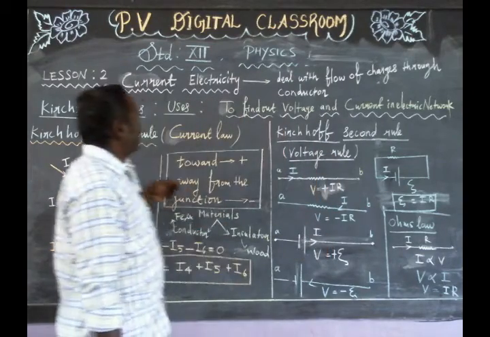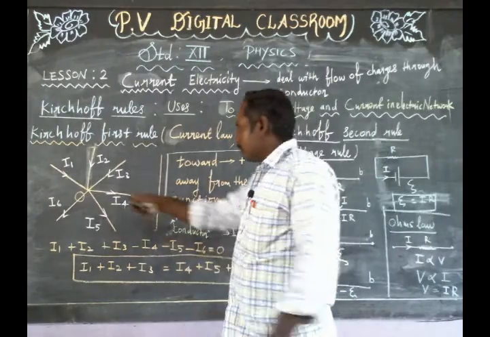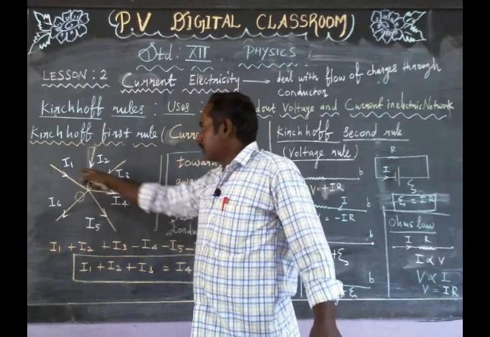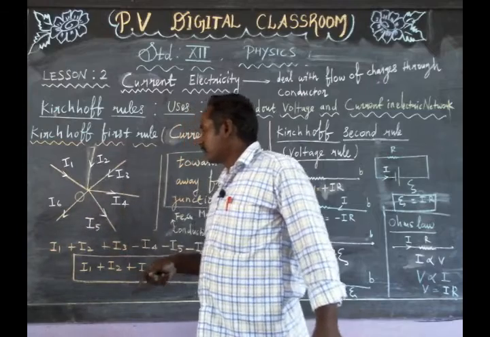Now Kirchhoff's rule. First, consider six conductors, 1, 2, 3, 4, 5, 6.